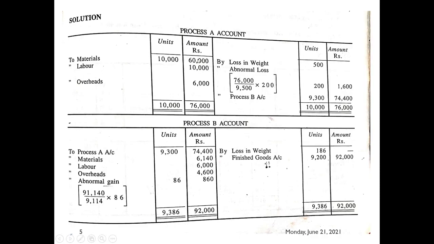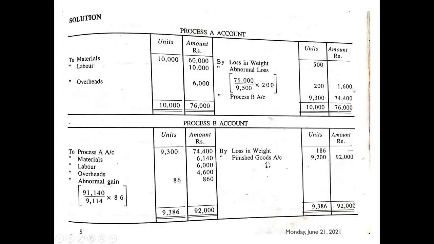So again I am repeating. Material introduced is given, labor is given, overhead is given. We totaled it. Normal loss is given, so we wrote normal loss 500. Resale value is not given, so no amount. Leave space in between, and below you see process B account output is given as 9,300. Close it: how many units? 10,000. The balancing figure is 200, so we say by abnormal loss.